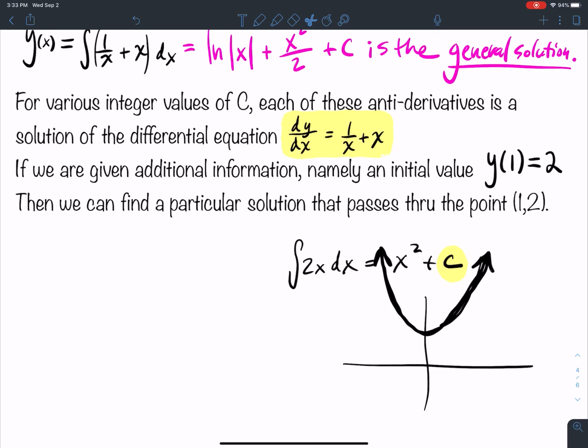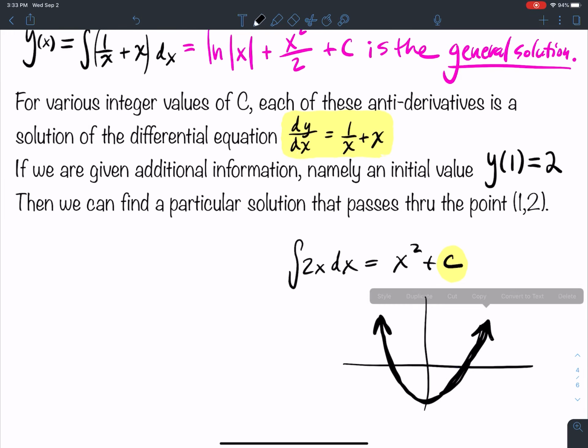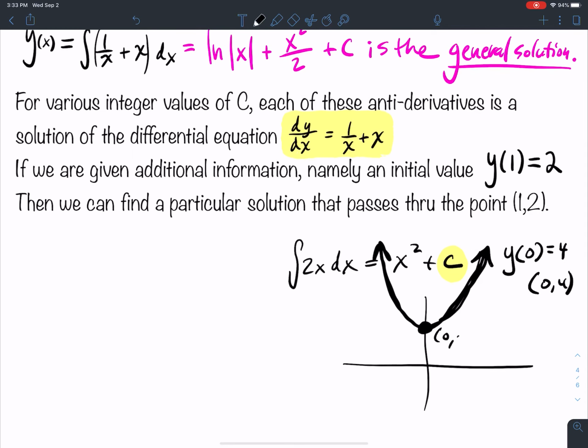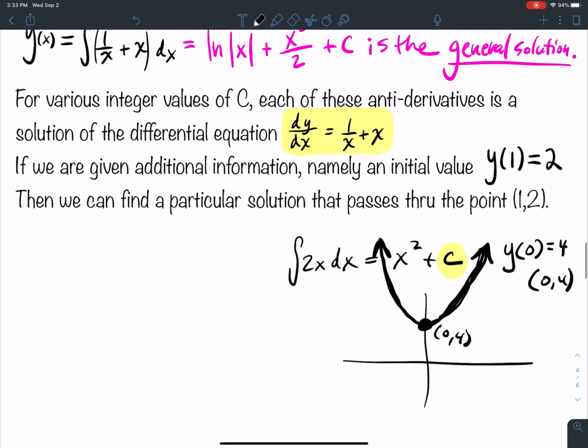But if I say there is an initial condition of y of 0 equals 4, then what that means is I have to pass through the point 0 comma 4, meaning now this can't be any c, it has to be the c such that we pass through the point 0 comma 4. That's why we call it a particular solution.